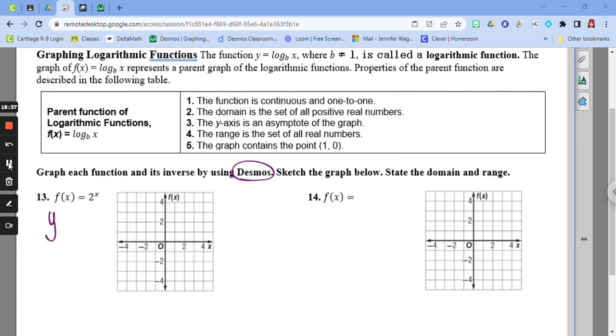So our first one is the exponential equation, y equals 2 to the x. That's going to approach 0. And it's going to look something like that.